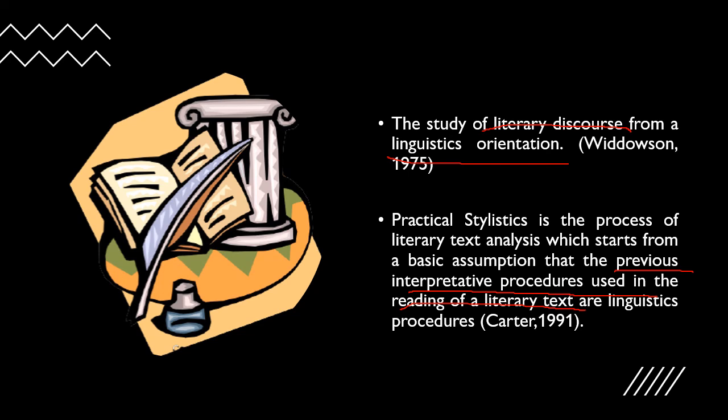In practical stylistics, the analysis of a literary text is based on how we analyze language. So they are connected to each other. Linguistics and stylistics, as well as literary criticism, are greatly influenced by one another.